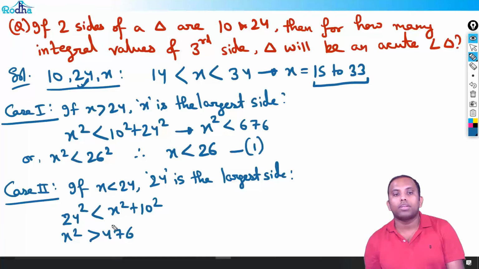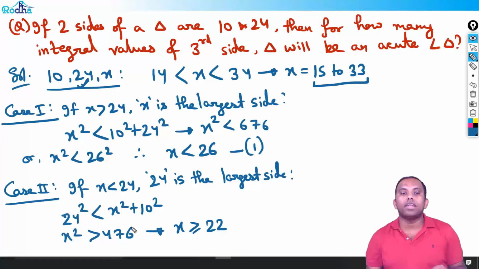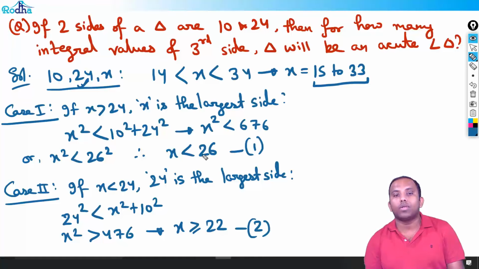Roughly, 22 square is 484, so x is greater than 21 point something. The square root of 476 is 21 point something, so x can take values from 22 onwards. This is the second condition, along with x less than 26.